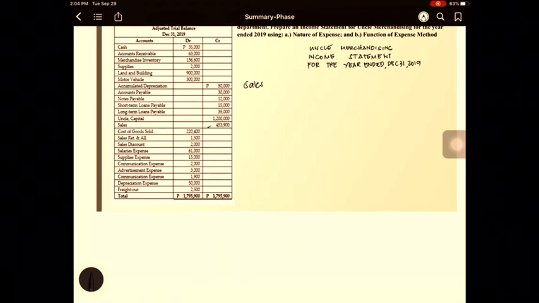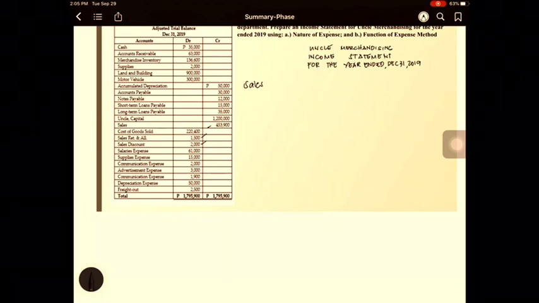Sales of 453,900 is the gross sales here because your sales returns and allowances and your sales discounts are not yet deducted. What did I tell you a while back? In preparing your income statement, the amount of sales must already be the amount of the net sales.